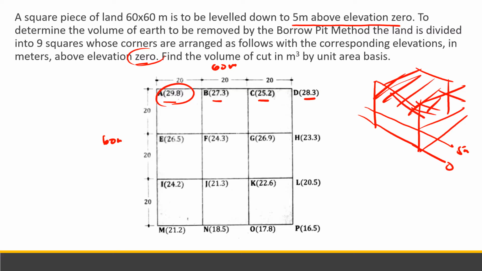So meaning the given elevations, magsasubtract tayo ng 5. So yung A natin, 29.8 minus 5 is 24.8 and so on.